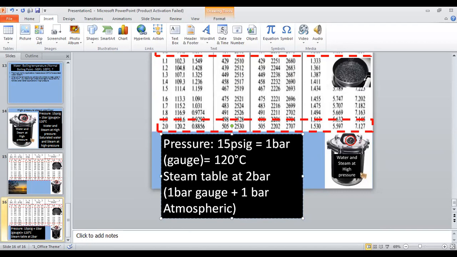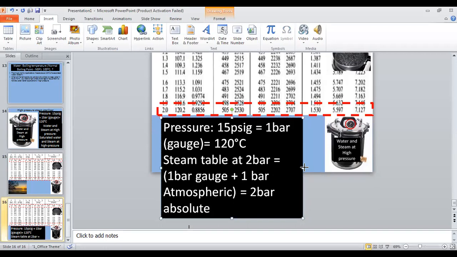So table at 2 bar means 1 bar gauge, 1 bar atmospheric means 2 bar absolute.